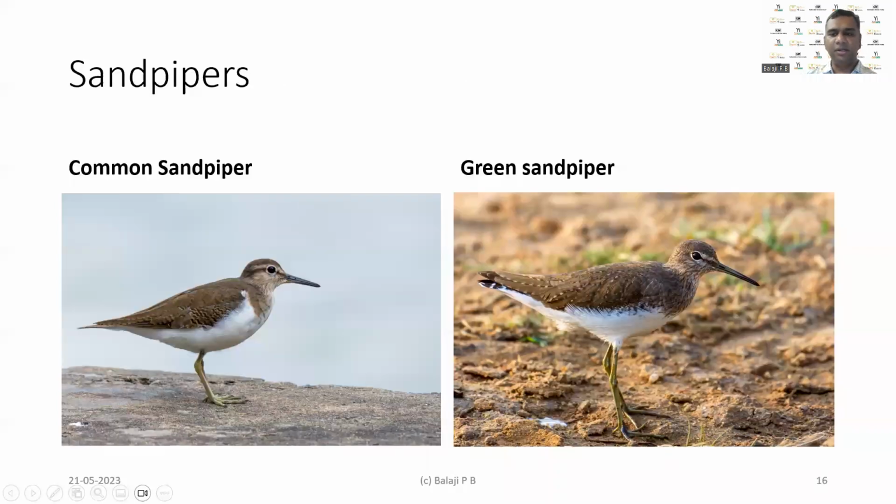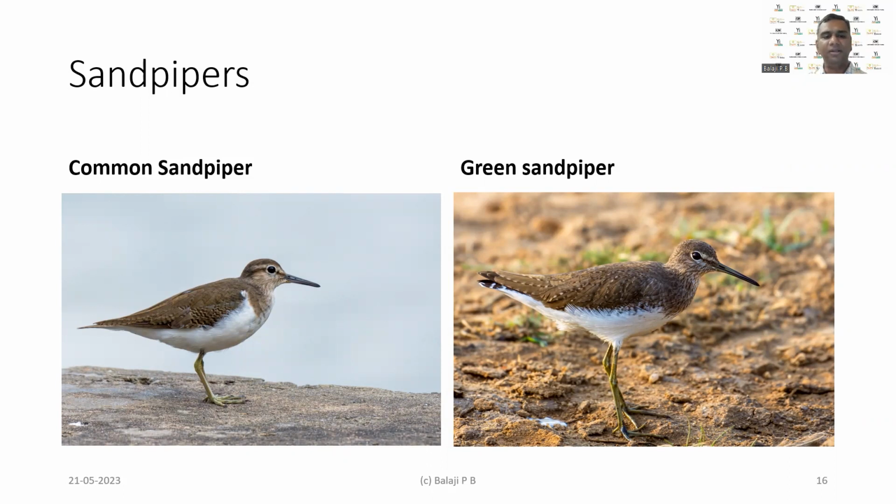So next in the list are the sandpipers. How are sandpipers different from plovers? When compared to the plovers, the sandpipers have medium length bills.